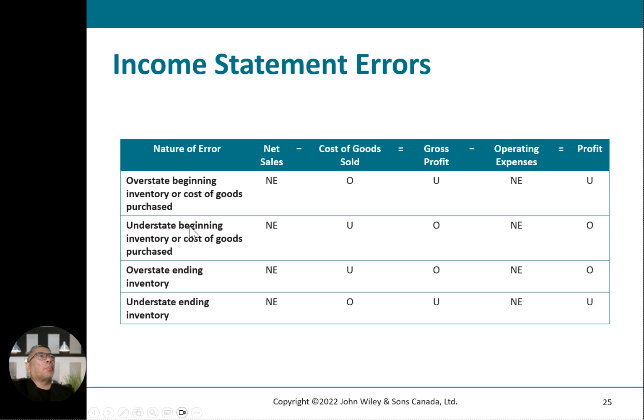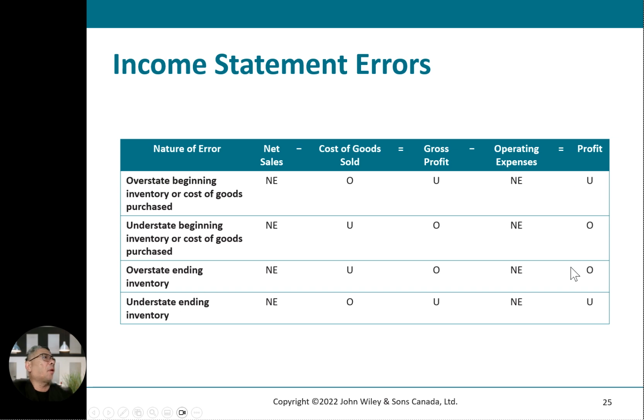Understating the beginning inventory, what does it mean? This is going to be overstated. O means overstated. And then overstated ending inventory becomes overstated here. Understated ending inventory becomes understated here. So that's the income statement effect of the error. Here is a summary of the error in terms of understating or overstating. So for the profit, if overstating beginning, it will be understating.